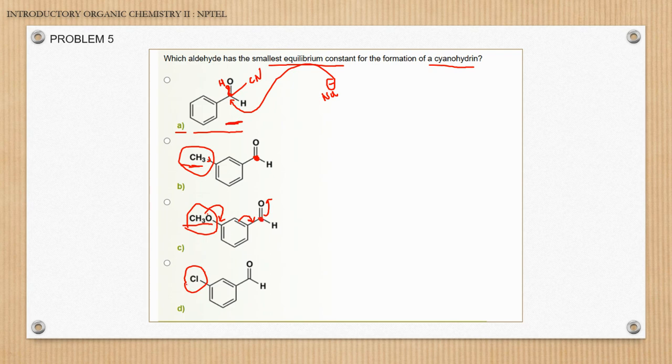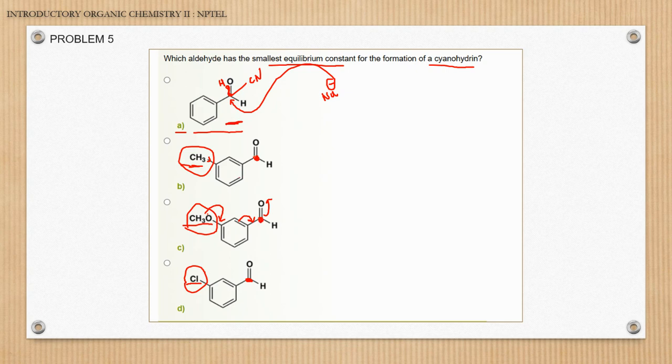But now coming to part D, Cl. It is the electron withdrawing group. See, chlorine being an electronegative atom will withdraw the electrons from the aromatic ring and make this center electron deficient. So in all the cases, we have seen that methoxy has the highest electron density at this carbonyl carbon.